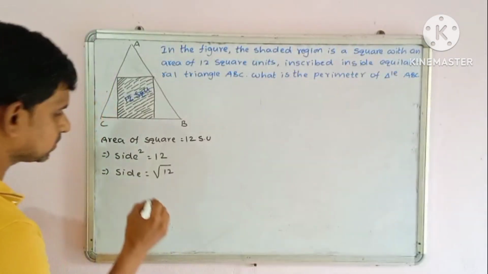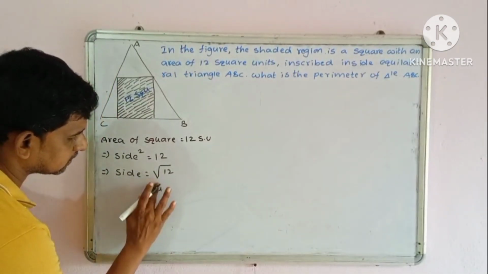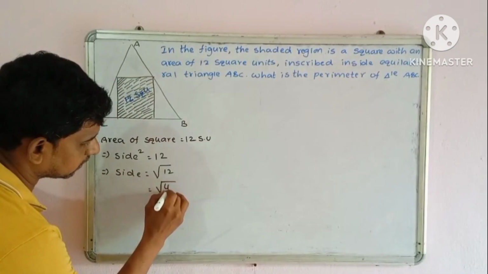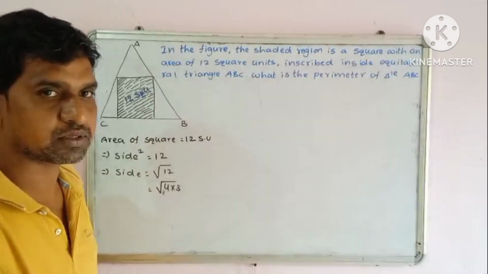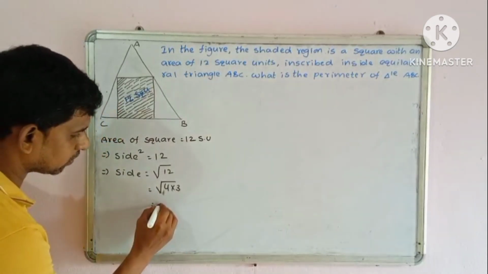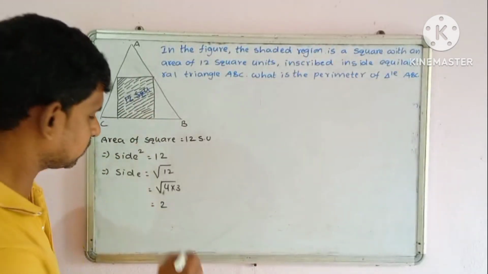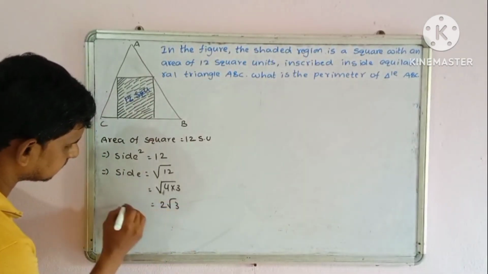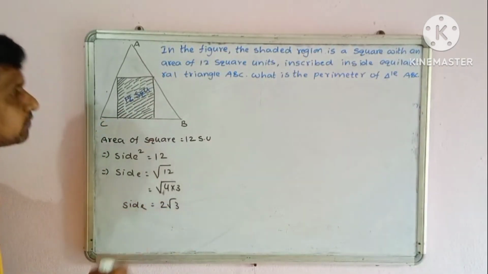Square root of 12 can be written as square root of 4 times 3. Square root of 4 is 2, so 2 root 3. This is the side of the square.